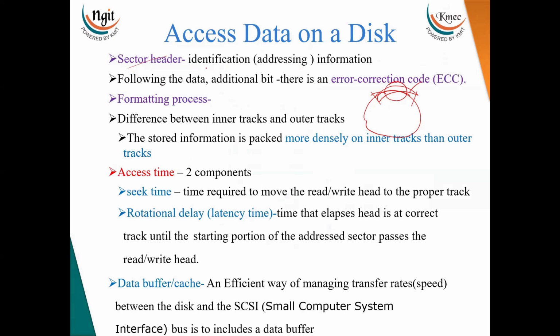The sector header is nothing but identification information, the addressing bits of this sector. Along with these two, a few more bits are also there. Those are called the error correction code. If any errors occur while transferring the data, they can be detected and also corrected by using the error correction code bits.